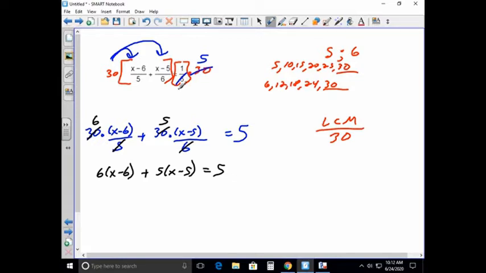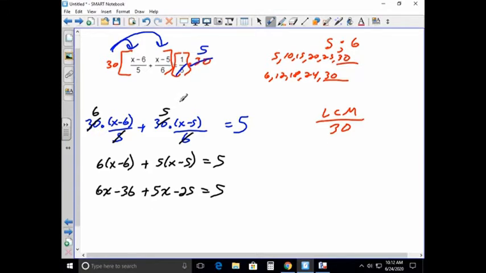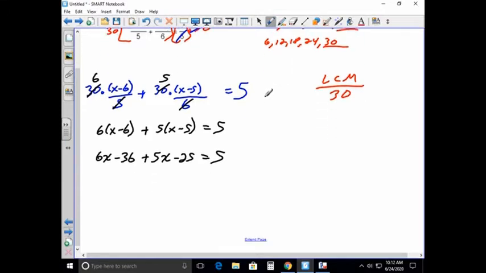So to solve this, we need to get rid of our parentheses. So distribute 6 times x, 6 times negative 6, 5 times x, 5 times negative 5. Our equation has x to the first power, so we want to collect all of our x's on one side, our numbers on the other.